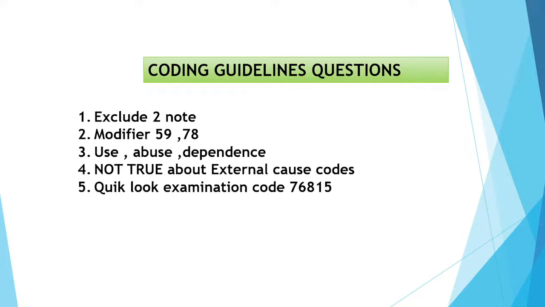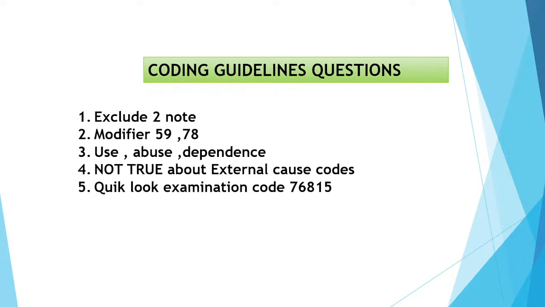Use, abuse, dependence codes are very important. Dependence is the highest priority, next is abuse, and last is use. Not sure about the external cause code. Actually, this question is being discussed now. This question is already in my session, so we will discuss it.